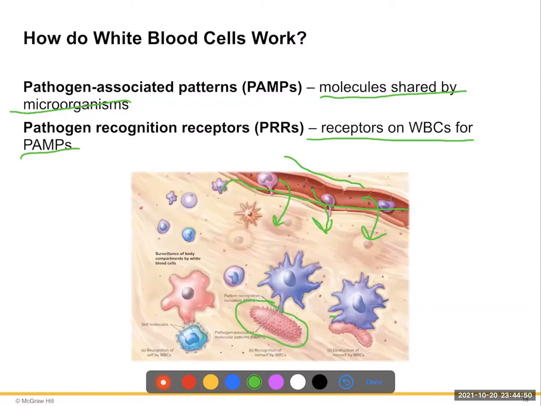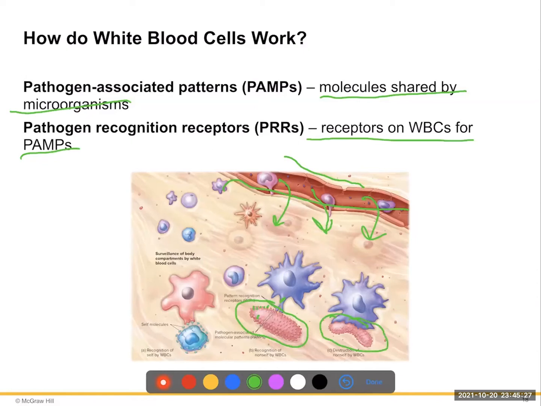You can see these little bumps on the pathogen. Those are your pattern recognition receptors on the cell here. These pattern recognition receptors recognize the pathogen-associated molecular patterns, the PAMPs. These are the PAMPs on the pathogen right here. And we have receptors that recognize those on the white blood cells. Those are the pattern recognition receptors on our white blood cells. It recognizes it, and then once it recognizes it as foreign, it starts to destroy it.